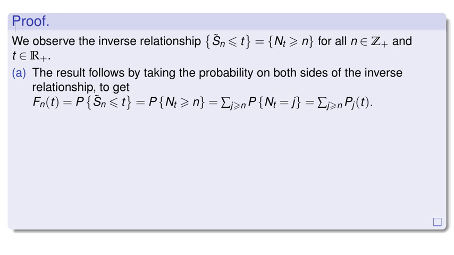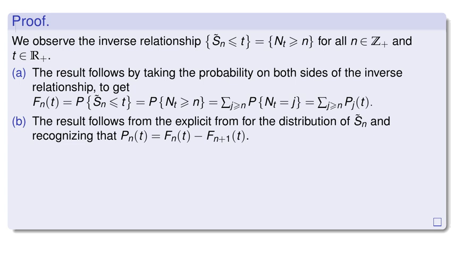This in turn is the sum for j greater than or equal to n of the probability that N_t equals j, which is the sum for j greater than or equal to n of p_j of t.